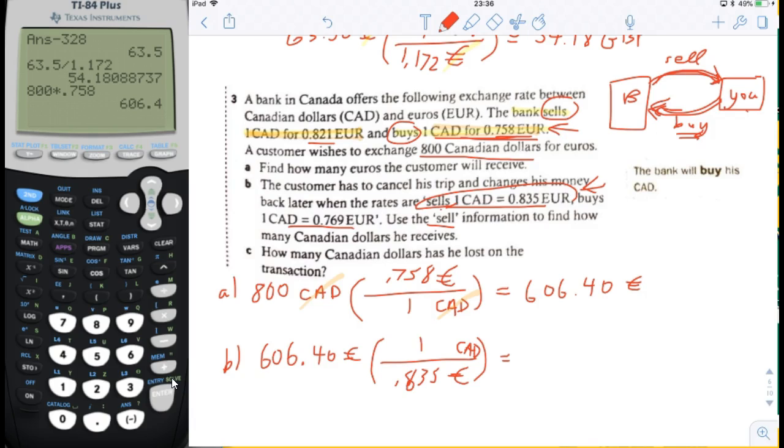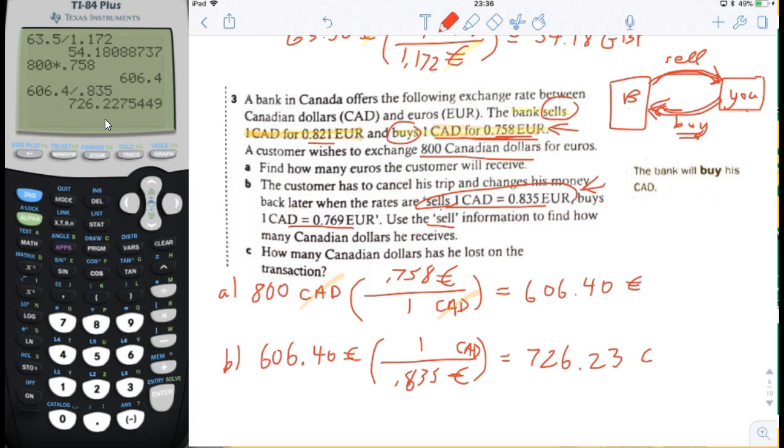Okay? So now how do we multiply this out? We're going to multiply 606.4 times 1, but the 1 doesn't do anything, and we divide by 0.835. I'm trying to organize your multiplication and division so you don't have PEMDAS problems. So I recommend always to multiply across the top, and then do divide, divide, divide, or to use parentheses. And I'll show you how to use parentheses too in case you prefer to do that. My answer, 726.23.